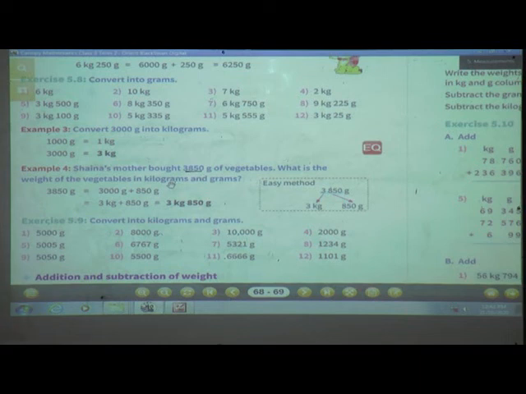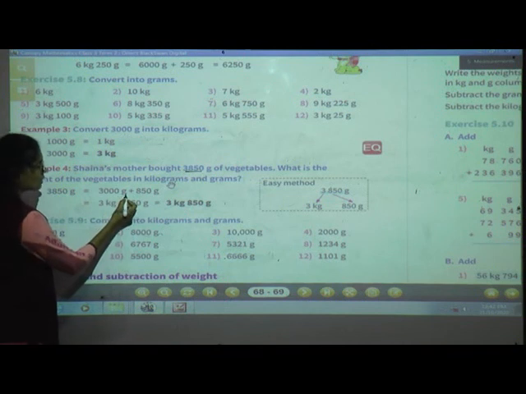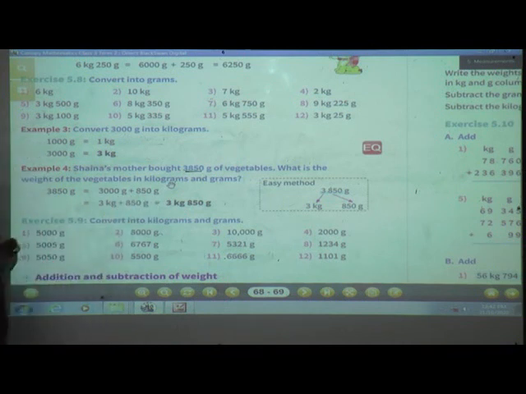Yes, first of all we'll write whatever weight is given to us, 3850 gram. This weight we have to convert into kilogram and gram. So what we will do, this number 3850, we will split up like this: 3000 gram plus 850 gram.